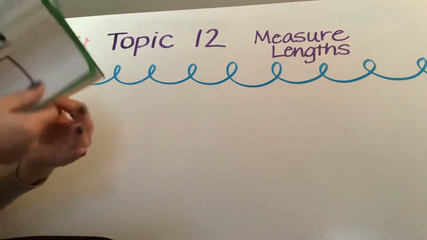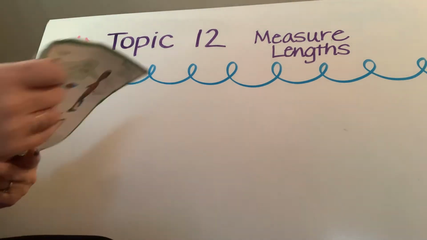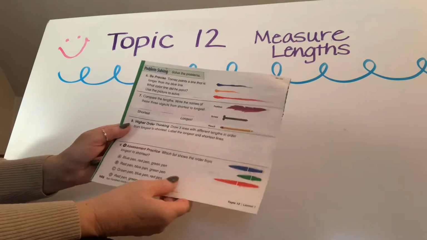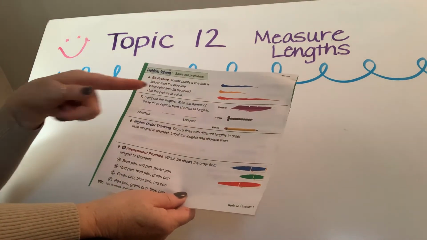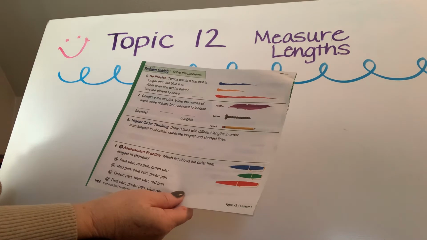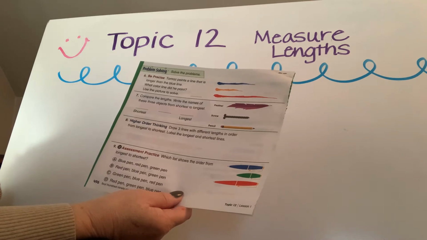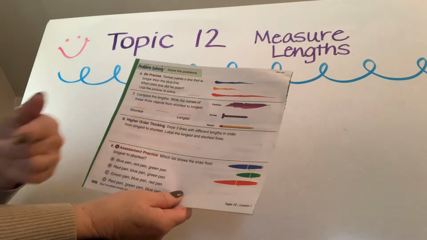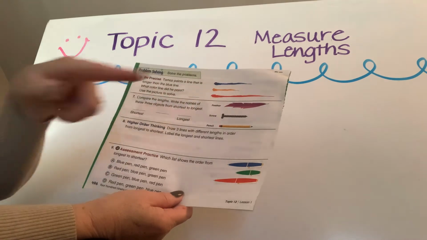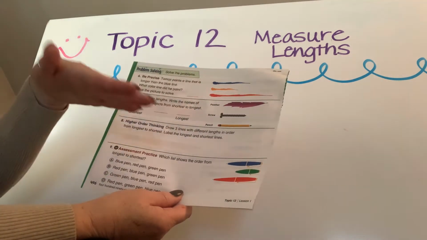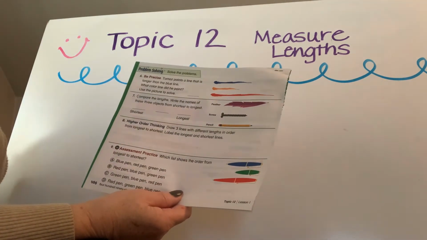Great. All right, let's zip to the back, and then I'm going to let you go so you can do this on your own. Number 6, Tomaz paints a line that is longer than the blue line. What color did he paint? And we're just going to use this picture. Okay, he paints a line that is longer than the blue.